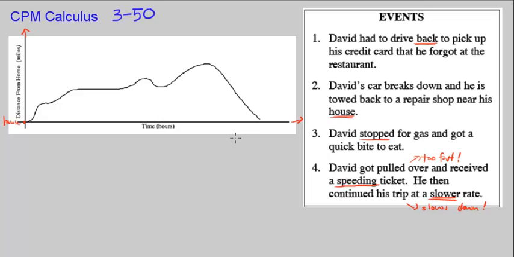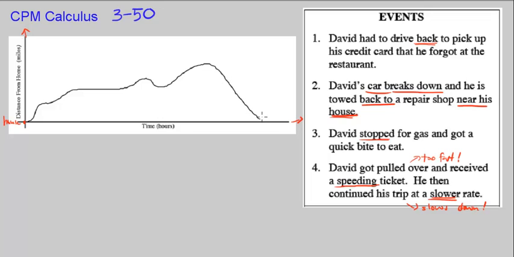Let's look at what we have here, and here's our graph. Are any of these obvious to us? The only one I see right away is that if his car breaks down and he's towed back near his house, his distance has to be close to 0. These are all above 0 except for this one.